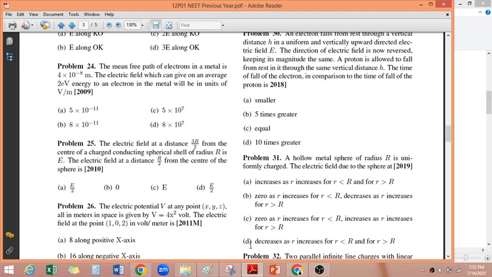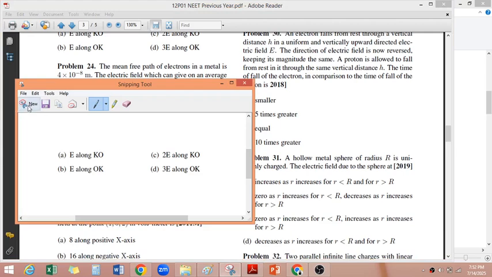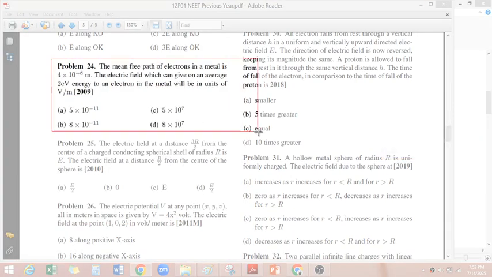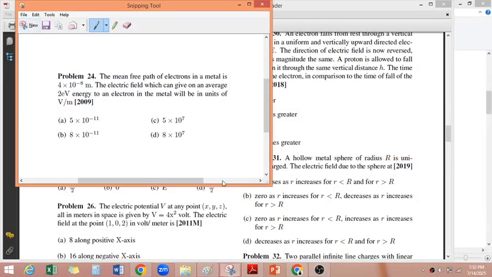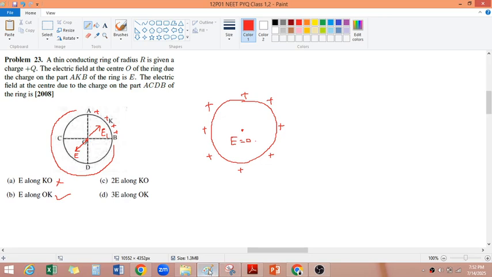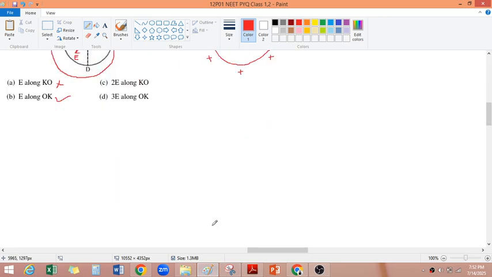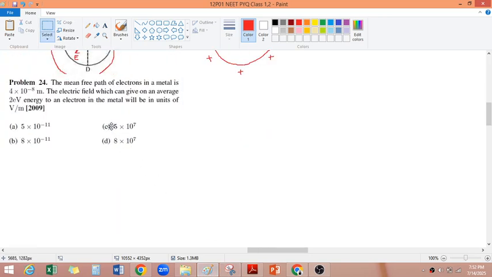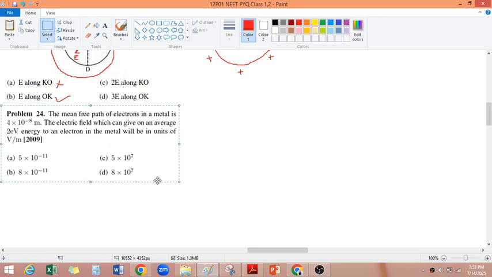Okay, let's try the next one. Problem 24. The mean free path of electrons in a metal is this much.